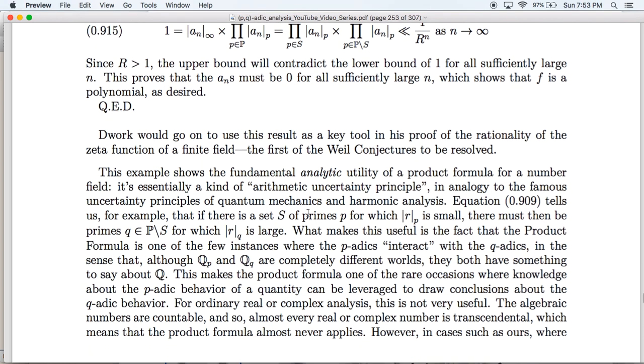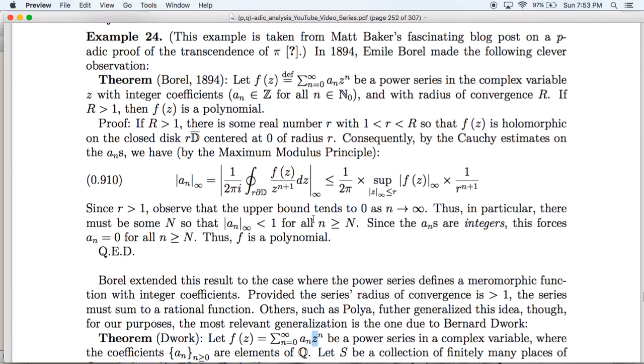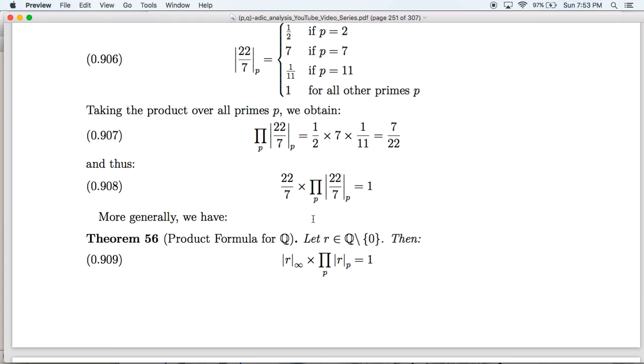So what makes this useful is the fact that the product formula is one of the few places in mathematics where p-adics interact with q-adics. One of the big problems, especially in arithmetic geometry and algebraic geometry, is that p-adic spaces and q-adic spaces for distinct primes p and q really have nothing to say to one another.